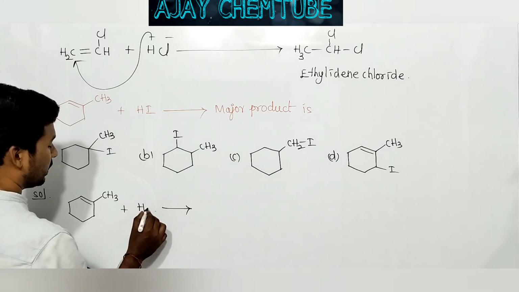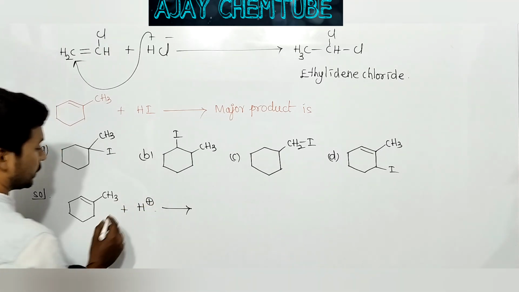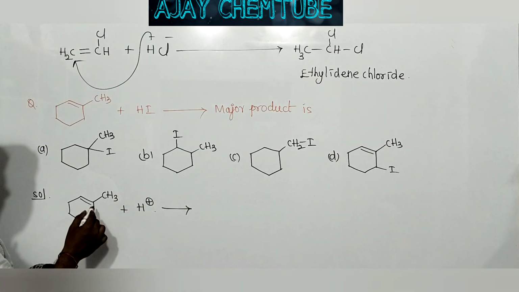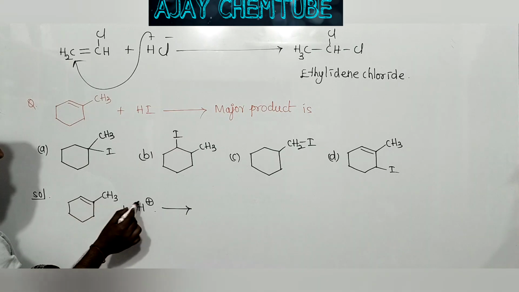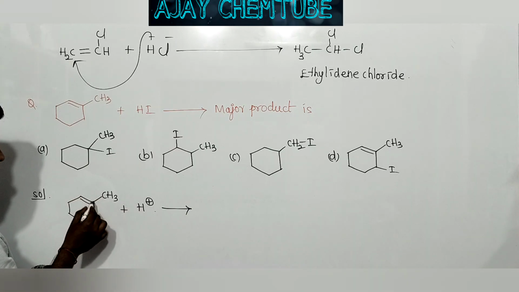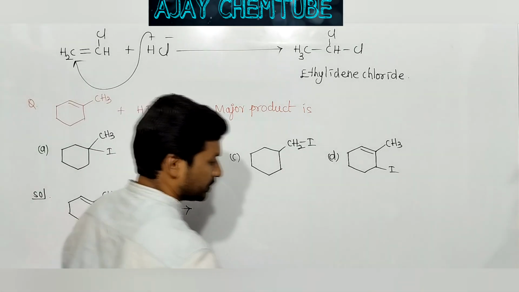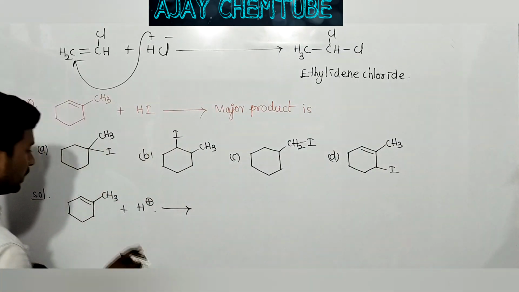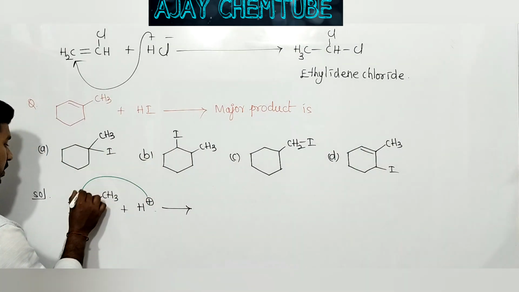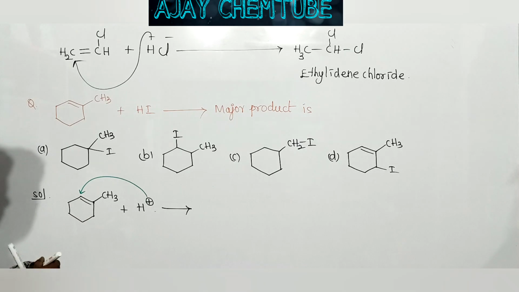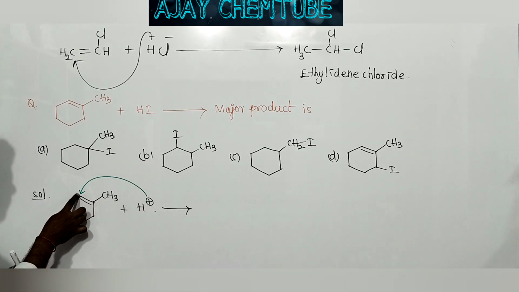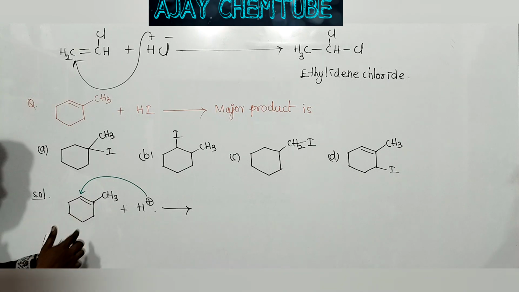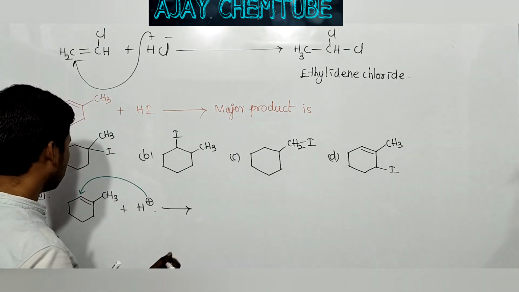In an electrophilic addition reaction, first H plus ion attack takes place. If the H plus ion is added here, this becomes positive, a secondary carbon. If the H plus ion is added here, this becomes positive, a tertiary carbocation. So which is favorable? If H plus addition takes place here, this becomes positive, that is tertiary, which is more stable. If H plus addition takes place here, this becomes positive, that is secondary. So compared to secondary, the tertiary carbocation is more stable.